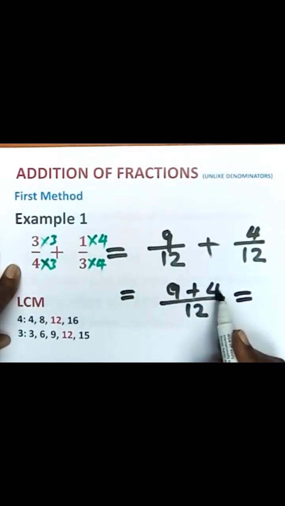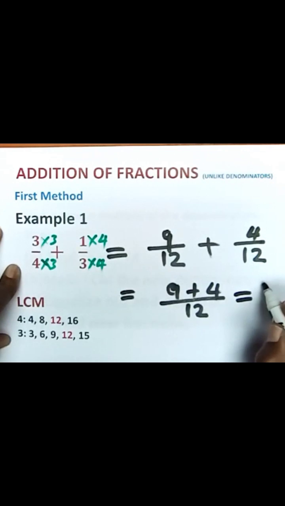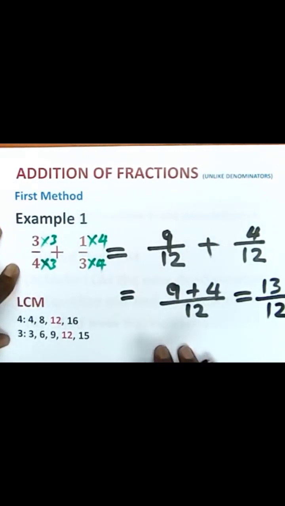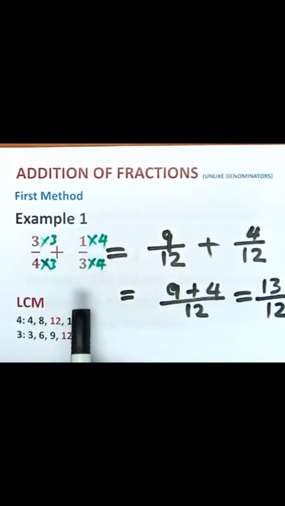So 9 plus 4 is 13, and we put the common denominator, which is 12. And that's the answer. 3 over 4 plus 1 over 3 gives us 13 over 12.